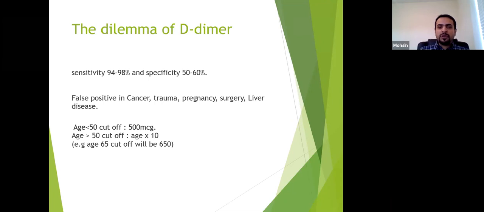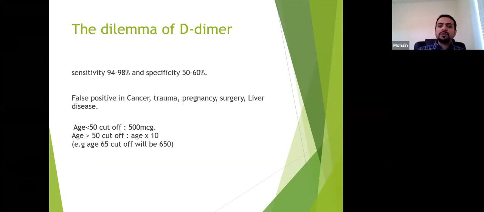Initially, it was just a normal single cutoff, but now we use an age-adjusted cutoff, which basically means for less than 50 years old, you use a cutoff of 500. If it is less than 500, it's negative. If it's more than 500, it's positive. If the patient's age is more than 50 years old, then you multiply their age by 10. So if the age is 65, their D-dimer cutoff for PE will be 650.